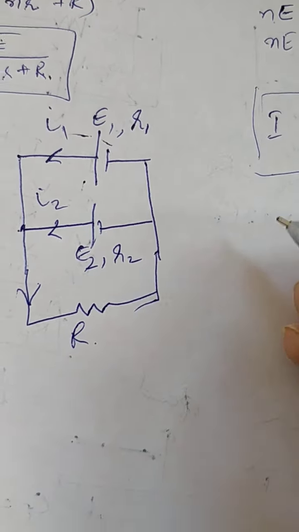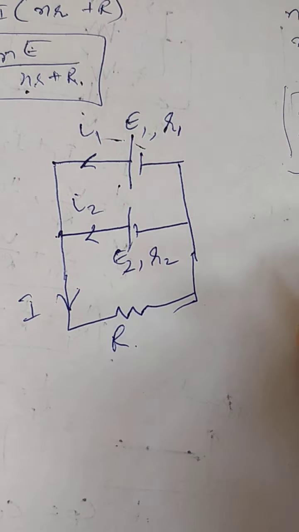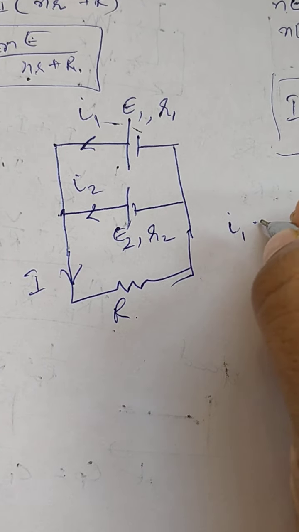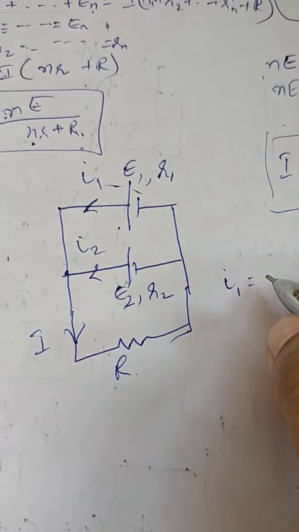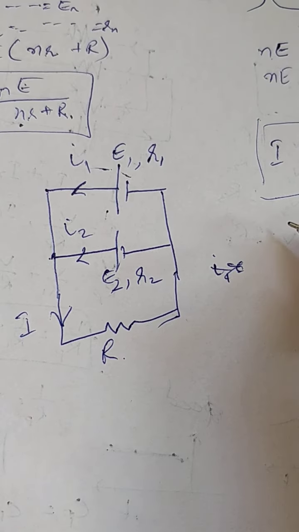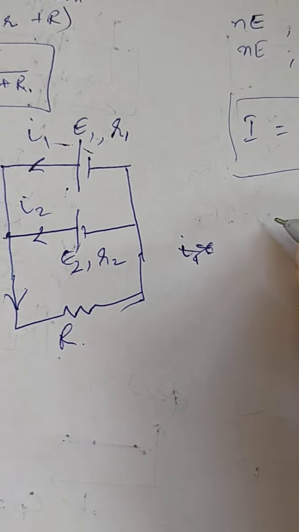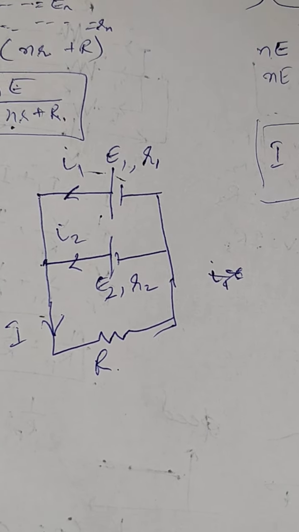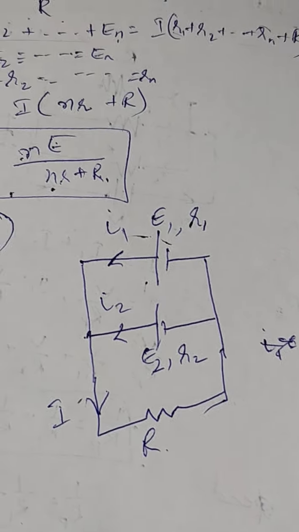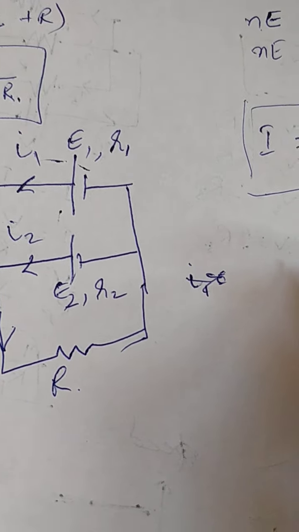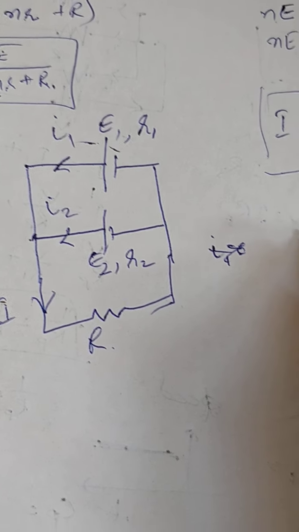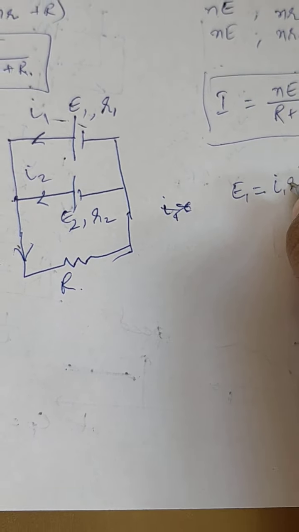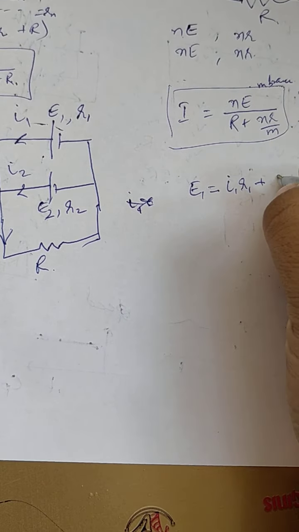Okay, so what will be I1 and I2? How will you find I1? If I take just one branch, even when you do Kirchhoff's law it will be clearer, but just before that, E1 is equal to I1 r1 plus IR.